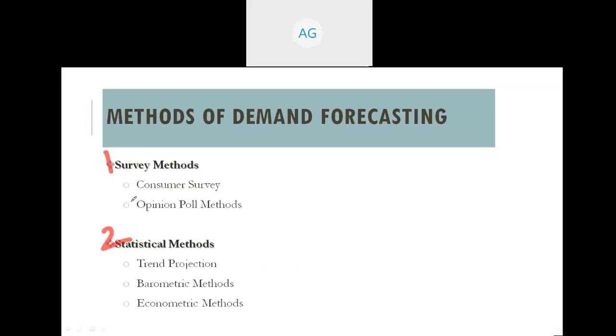Further, the survey methods are categorized into consumer survey and opinion poll methods, and the statistical methods are further categorized into projection, barometric method, and econometric methods. But the major categories of methods of demand forecasting are the survey methods and the statistical methods. So let us discuss the survey method first. So moving to the next slide.